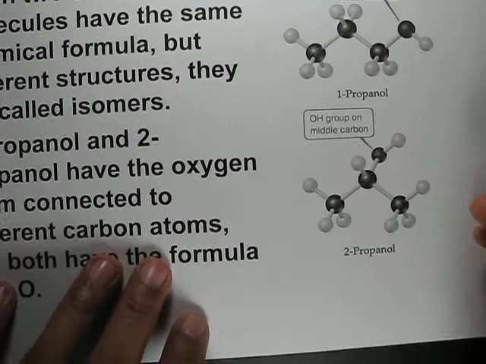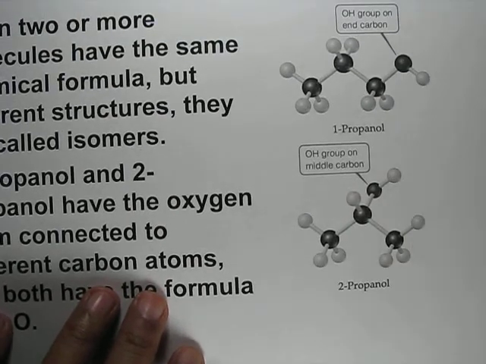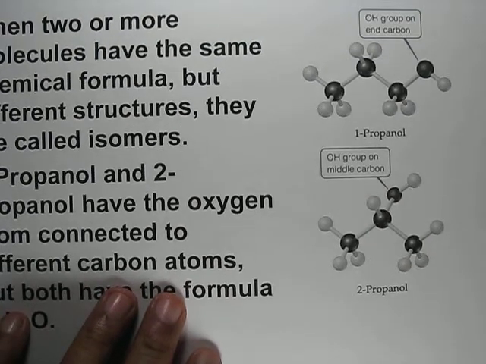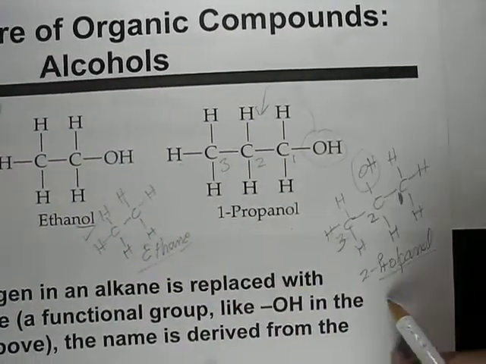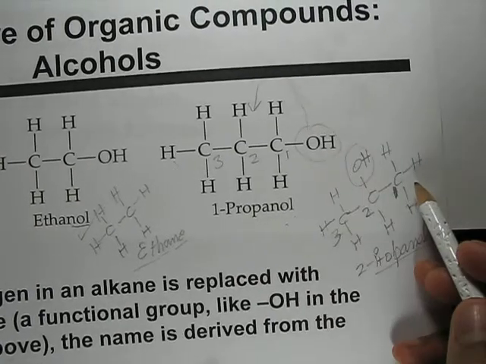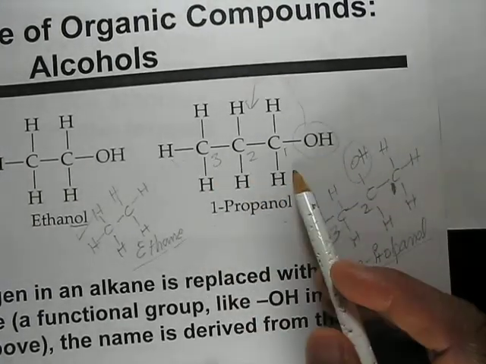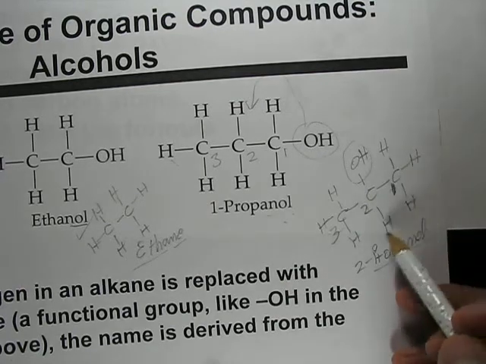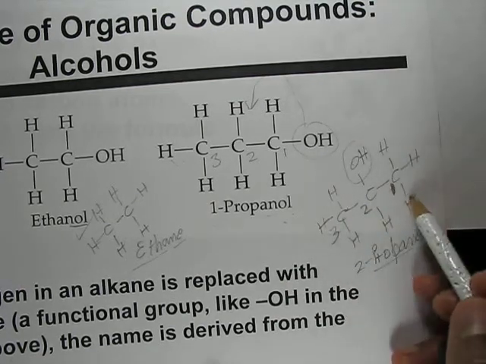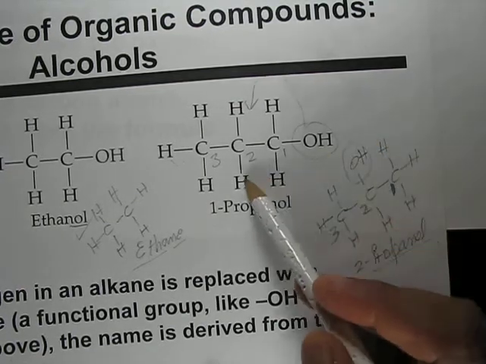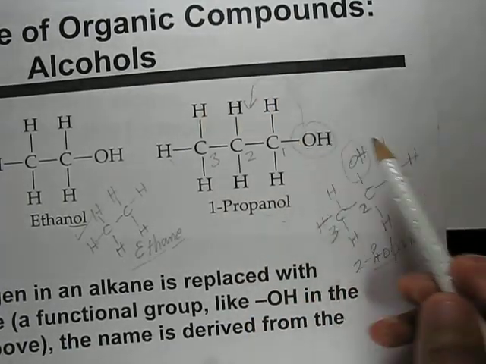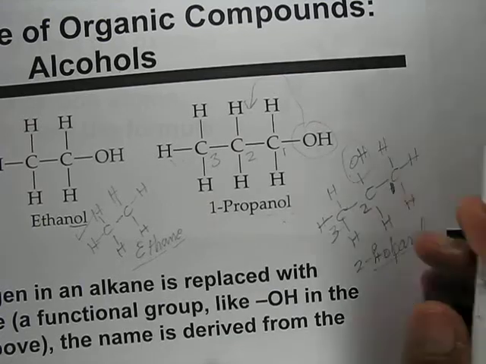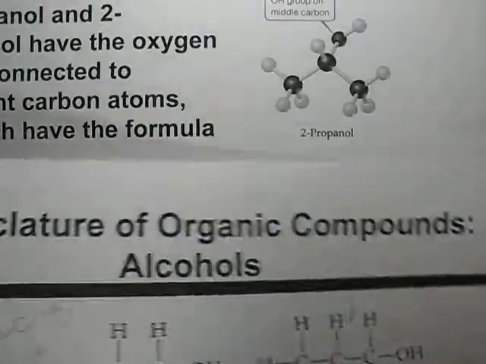For example, I showed you in the previous slide that propanol can be written in 2 different forms, either 1-propanol or 2-propanol, right? Everything is the same: 3 carbons, 7 hydrogens on each side plus the OH, only the position is different.